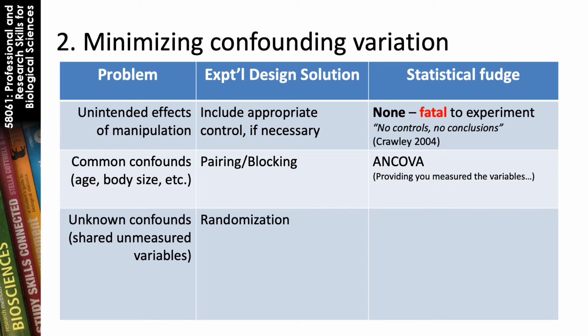And the solution is to randomize, to make absolutely sure that you have tried as hard as you can to randomize the allocation of individuals to each of your treatment groups.